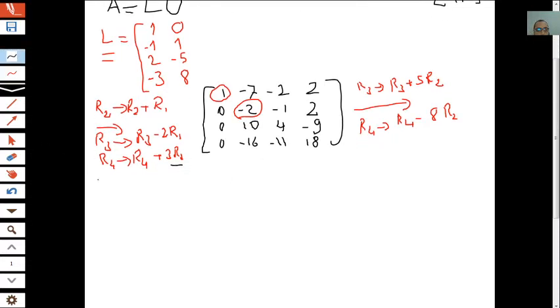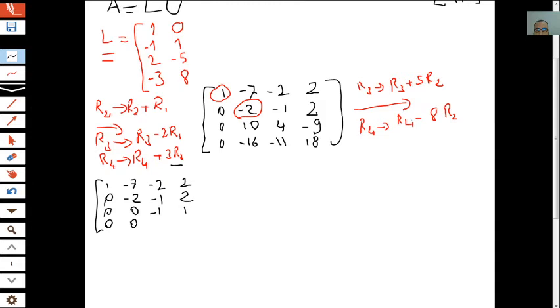So we have from here 1, 0, 0, 0, minus 7, minus 2, 2, minus 2, minus 1, 2, 0, 0, 4 becomes, so we have 5R2, minus 5 plus 4 becomes minus 1, 10 minus 9 becomes 1, and, yes, minus 11.